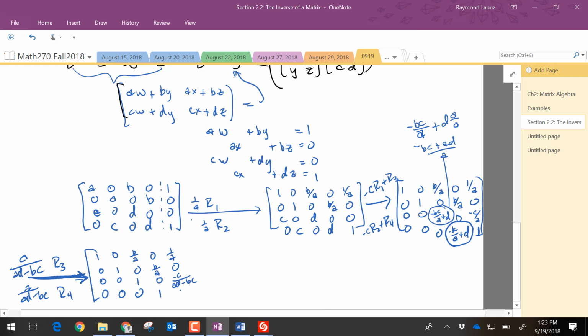Is that right? Yeah, A over AD minus BC. So it looks like we got this AD minus BC here as a theme.